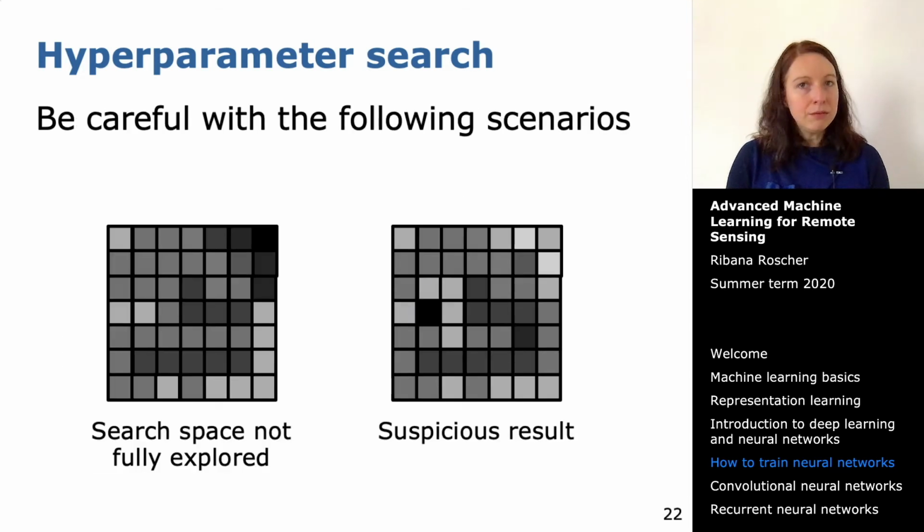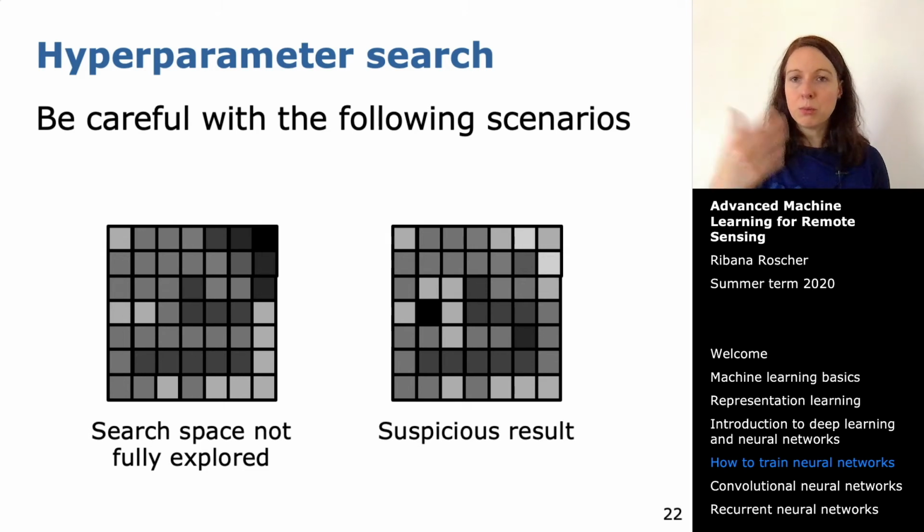You need to be careful, and it's good to illustrate this. So have a look at the results and the parameter combinations, because it can happen that when you go from the coarse search to the fine-grained search, you chose the area for the fine search too small.